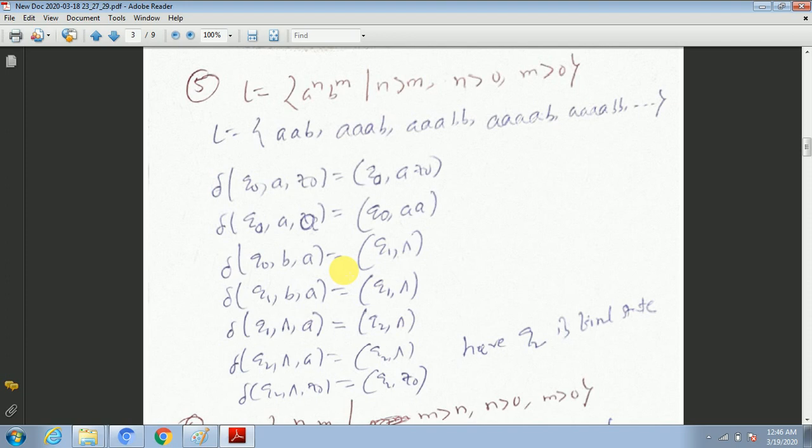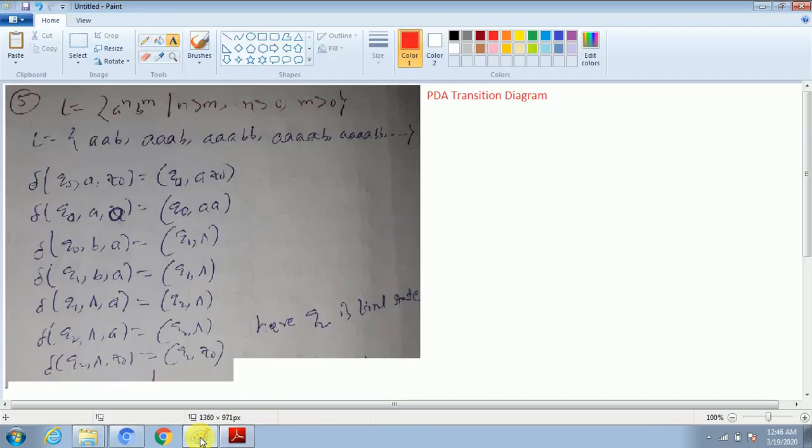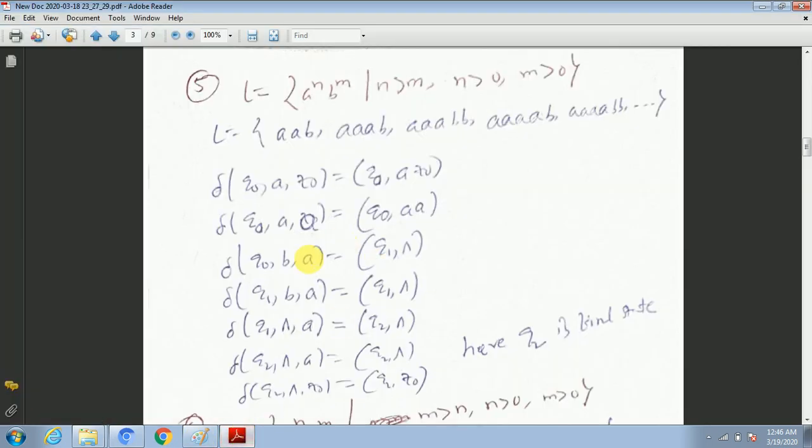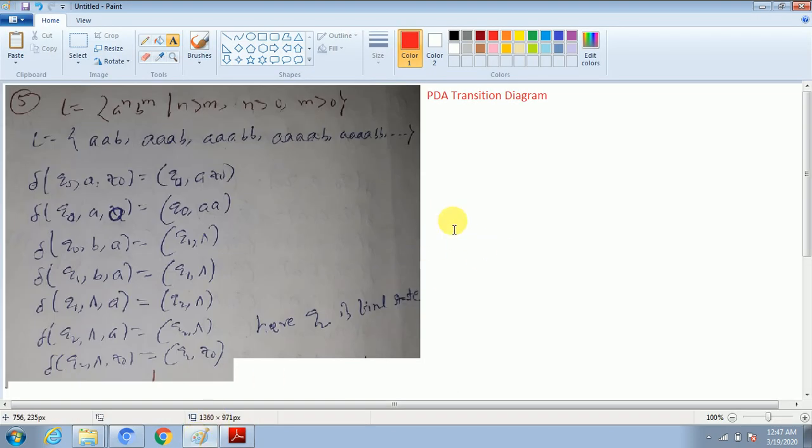Here the number of a's is more than the number of b's, and minimum 1 a and minimum 1 b, because n greater than 0, m greater than 0. For that we have developed a PDA with a transition function. Now we are going to discuss the same PDA with the transition diagram.